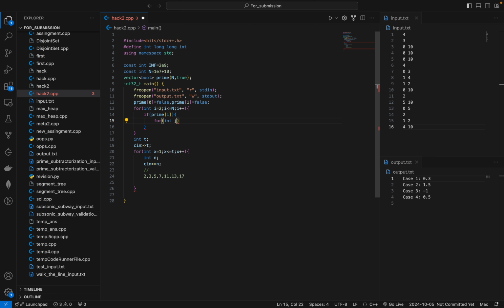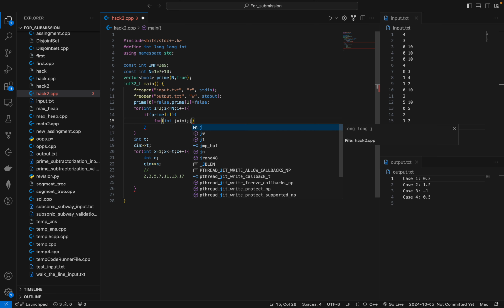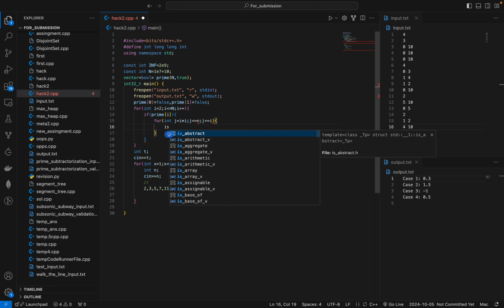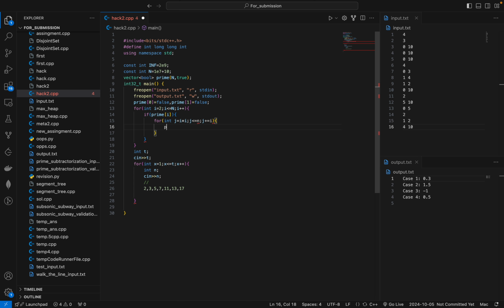So let's write j equal to, while j is less than or equal to n, and j plus equal to i. So basically this is the pre-computation we have done.